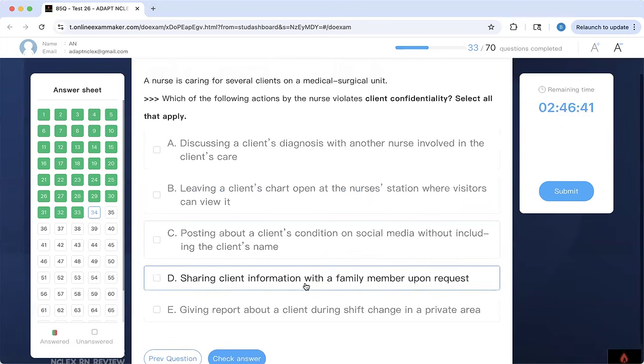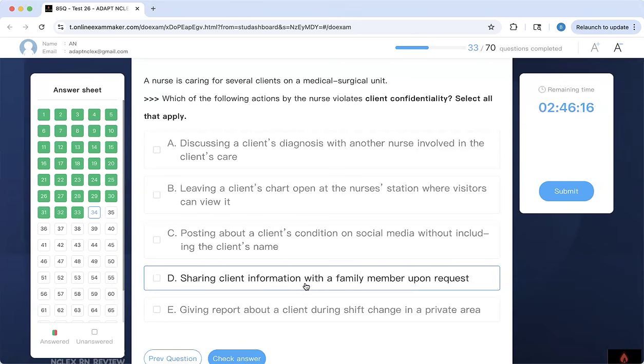And this is another question: caring for several clients on a med-surg unit. Which of the following actions by the nurse violates client confidentiality? Select all that apply. The 2026 test plan says you may be tested on client confidentiality. Discussing the client's diagnosis with another nurse involved in the client's care. Leaving a client chart open at the nursing station where visitors can view it.